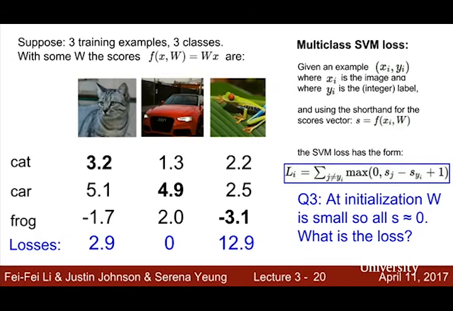Another question: when you initialize these things and start training from scratch, usually you initialize W with some small random values. As a result, your scores tend to be small, uniform random values at the beginning of training. And then the question is, if all of the scores are approximately 0 and approximately equal, then what kind of loss do you expect when you're using the multi-class SVM?